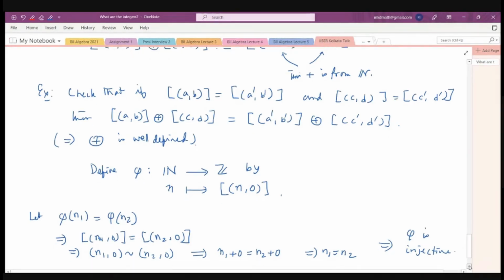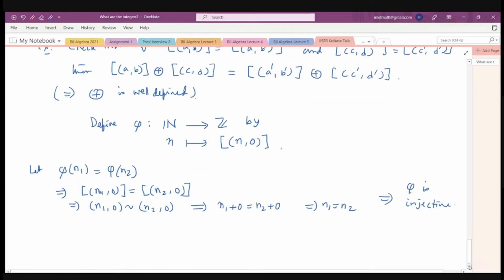So N is nicely embedded inside this set Z, and we can identify n belonging to N with this element of Z. So that's how it is sitting.